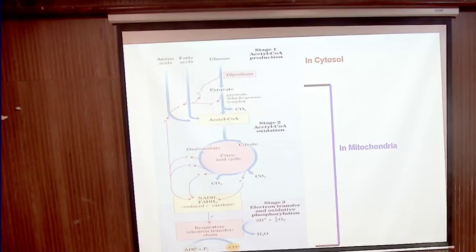2,3-BPG. The moment you talk of Rapoport-Luebering cycle, you need to talk of 2,3-BPG. 2,3-BPG in itself had come as a question where its significance needs to be written. But it's not necessary that it comes only in Rapoport-Luebering cycle, though that is where it is formed.